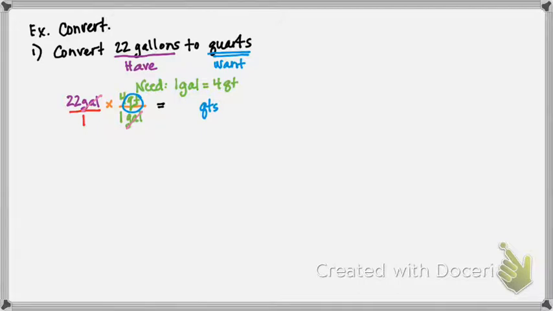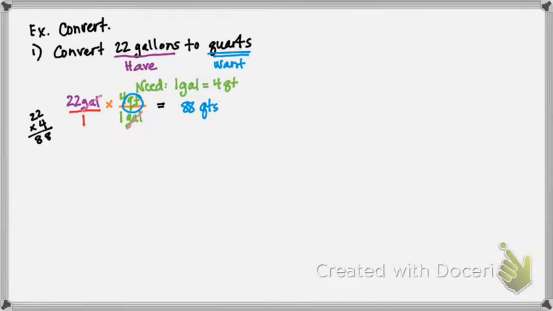So I'm just going to go ahead and multiply off to the side 22 times 4. That's pretty easy. I get 88. So my answer is 88 quarts. Okay? So that's how I get the answer. I start with what I have. I look at what I want.